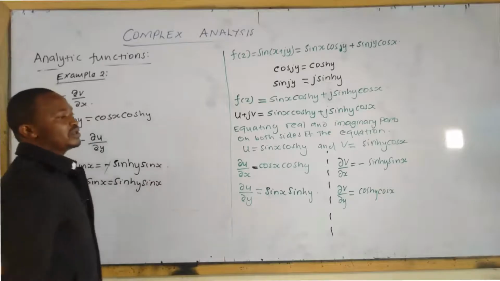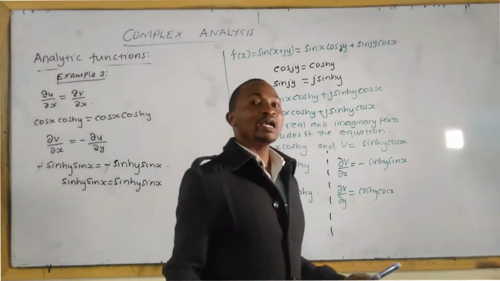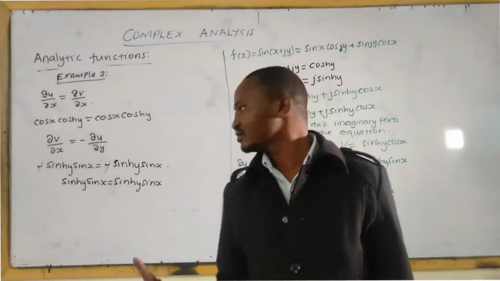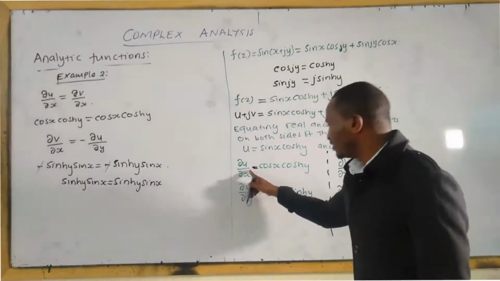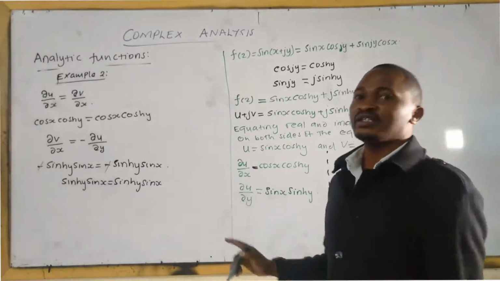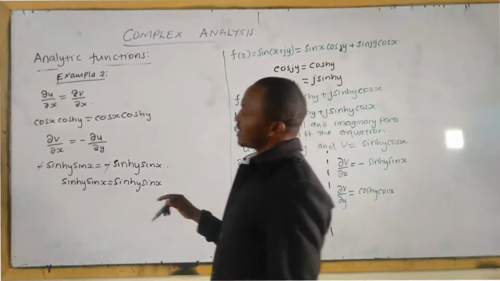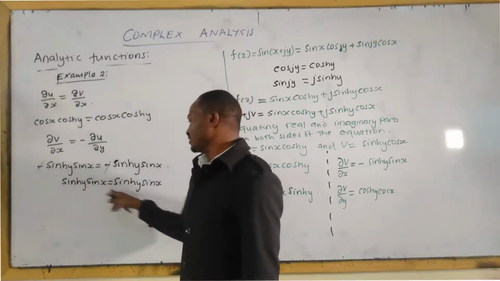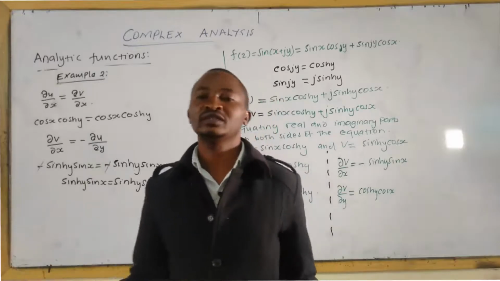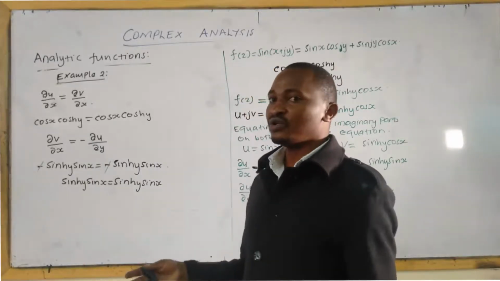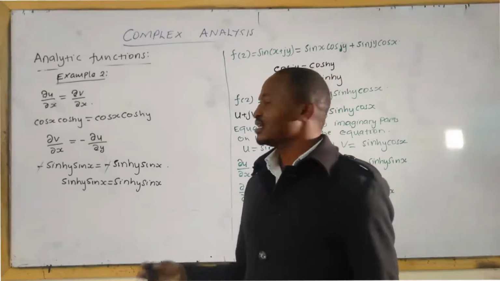So we have noticed that, one, the four partial derivatives exist. Two, the Cauchy-Riemann equations are being satisfied, or the two sides are equating, and therefore you can say the function w equals sin z is analytic.